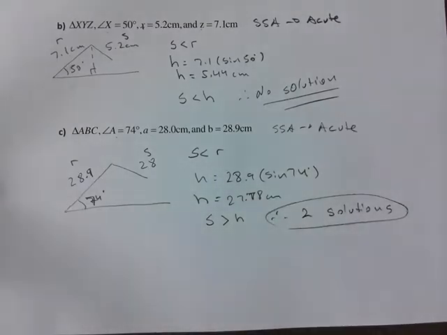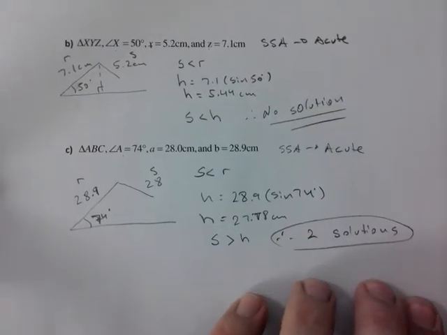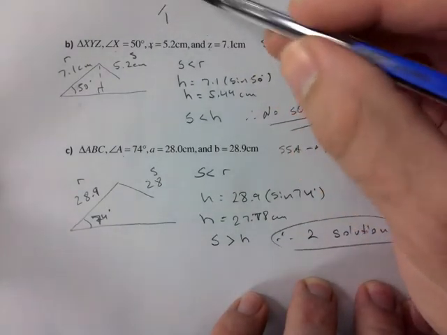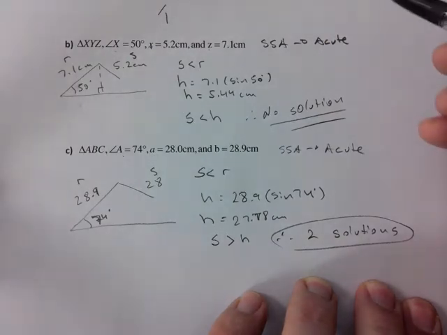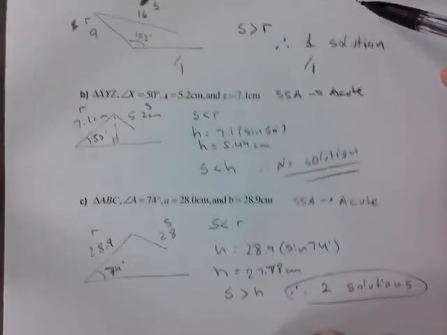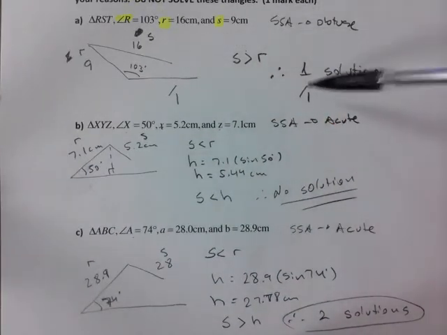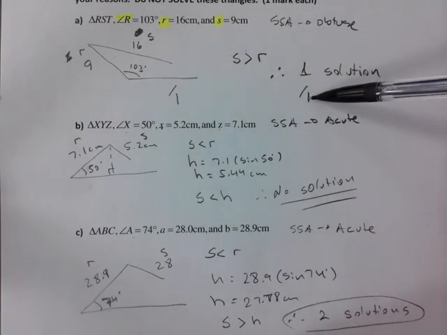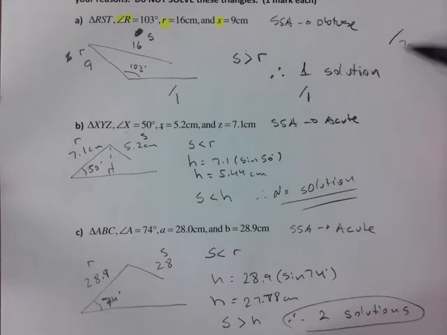Okay. So how am I going to mark this? Let's go back here. I would always give you 1 mark for a correct diagram. And in this case, I would just give you 1 mark for coming up with the correct solution. So 1 mark for diagram, 1 mark for solution for A, so out of 2 total.